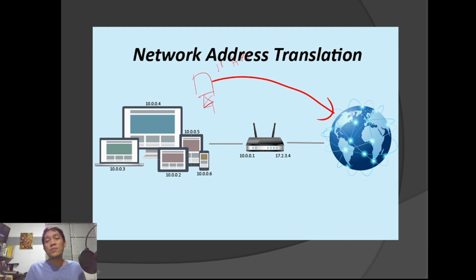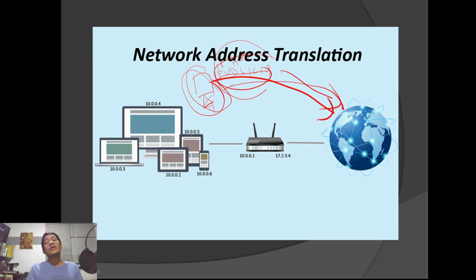Kaya lang, if you're going to provide public IP on your computer alone, so basically sayang lang kasi you can only use one public IP for a particular computer. Okay? So this public IP is visible on the internet. Okay? One problem with this one is you make this computer accessible to the internet.